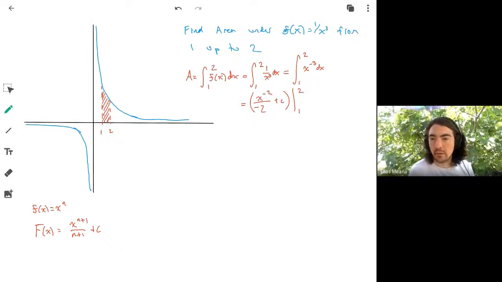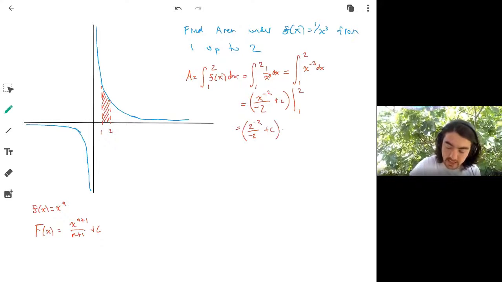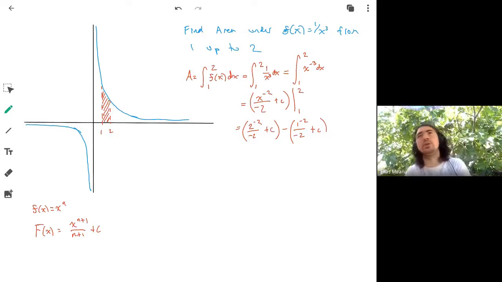Now the only thing that we have left to do is plug in 2, plug in 1, and take their difference. So what happens if we plug in 2? Well, let's just do it. We get 2 to the power of minus 2 over minus 2, I'll simplify this in a second, plus c, minus, remember, there's always a minus sign, 1 to the power of minus 2 over minus 2 plus c. What is 2 to the power of minus 2 over minus 2?